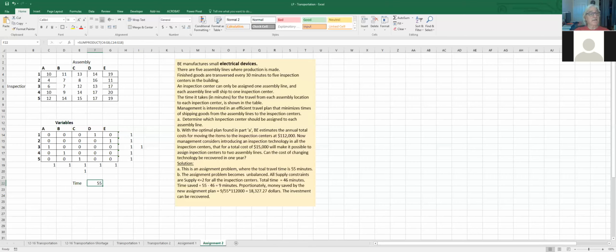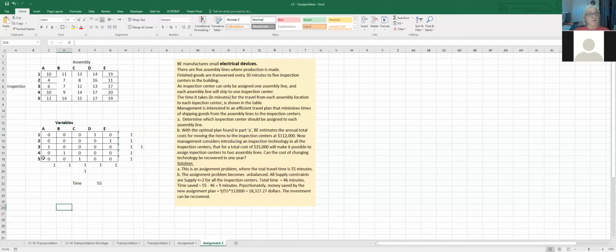Well, we still have 5 assembly lines, but only 4 inspection centers, only 4 of them. I have to change the model now because I know that one of the assembly lines is not going to work next week. That's a horrible solution for management, but that's the situation now.